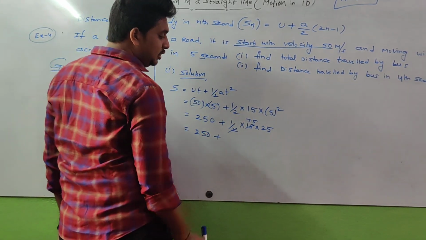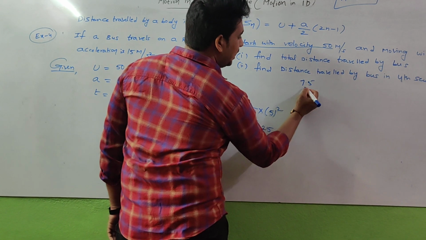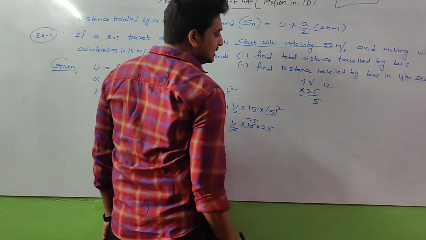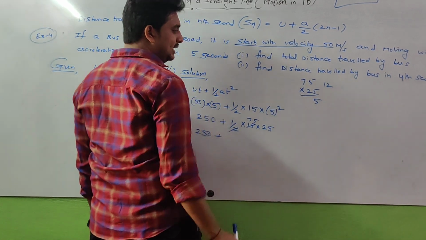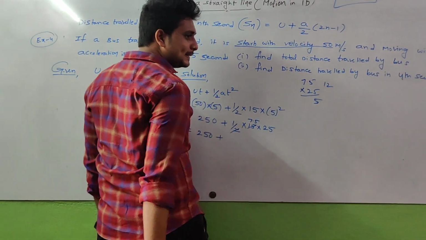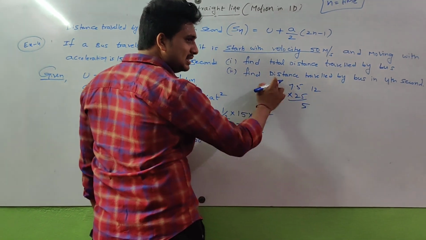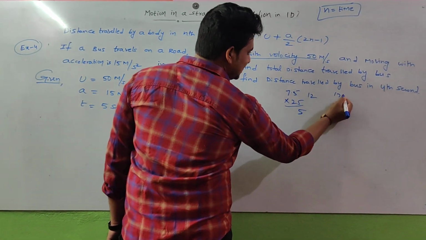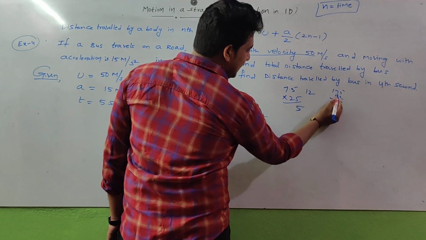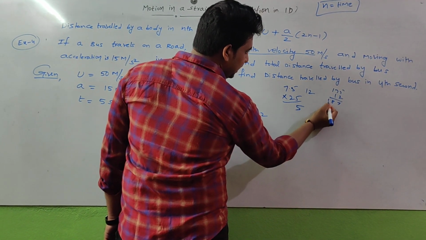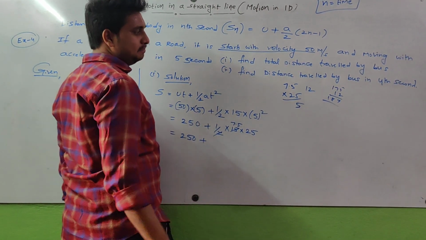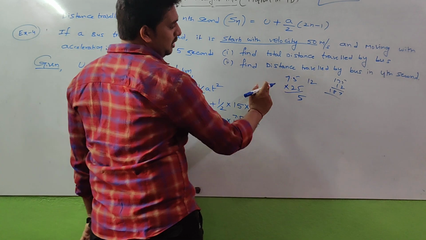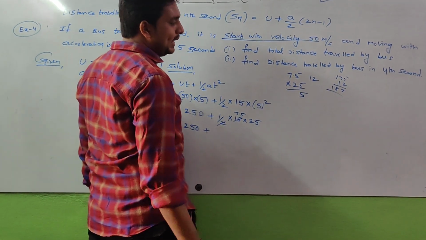So 7.5 into 25: 25 sevens are 175, and 25 halves are 12.5. 175 plus 12.5 is 187.5.